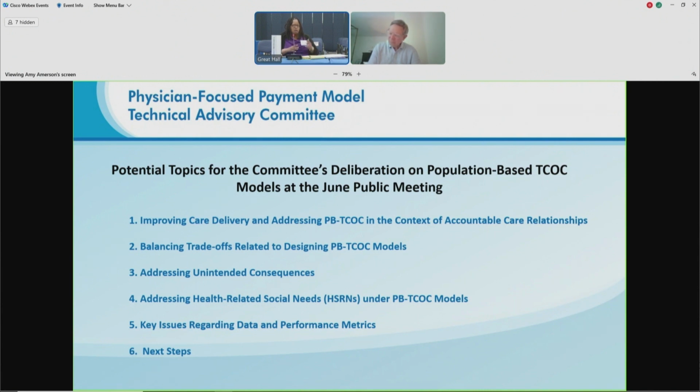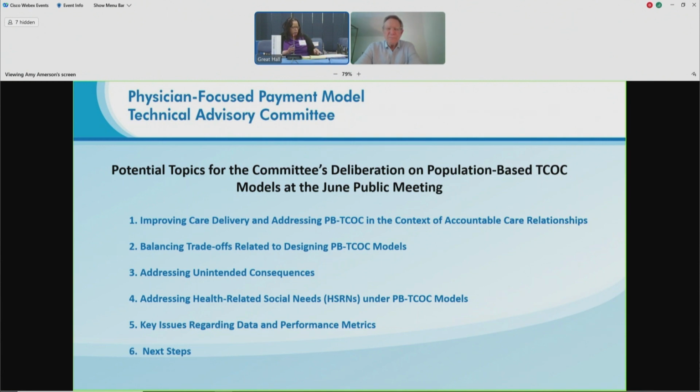When we began the theme-based discussion yesterday, Debbie Zimmerman had talked about the need for, as part of total population based total cost of care models, looking at managing to achieve lower cost for high-risk patients, as well as making a significant increase in investment in services for lower risk patients, so that both of those needed to happen at the same time.